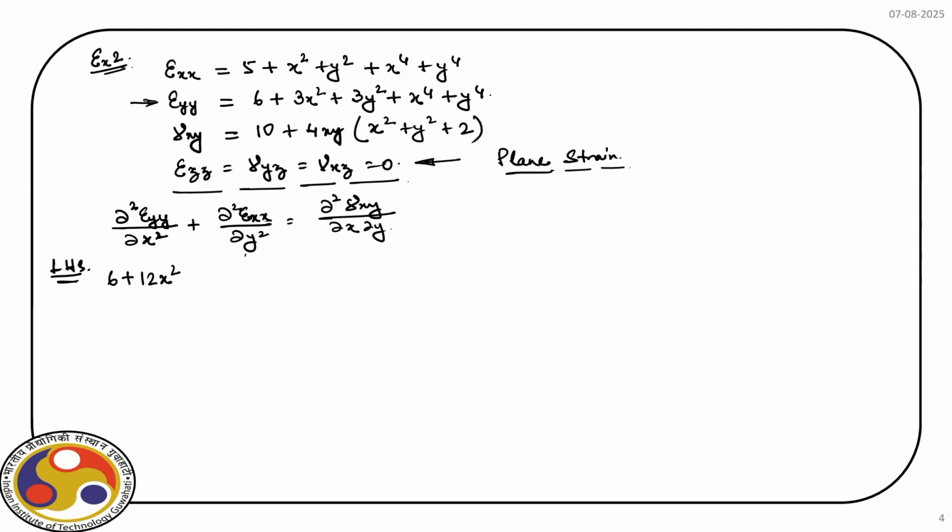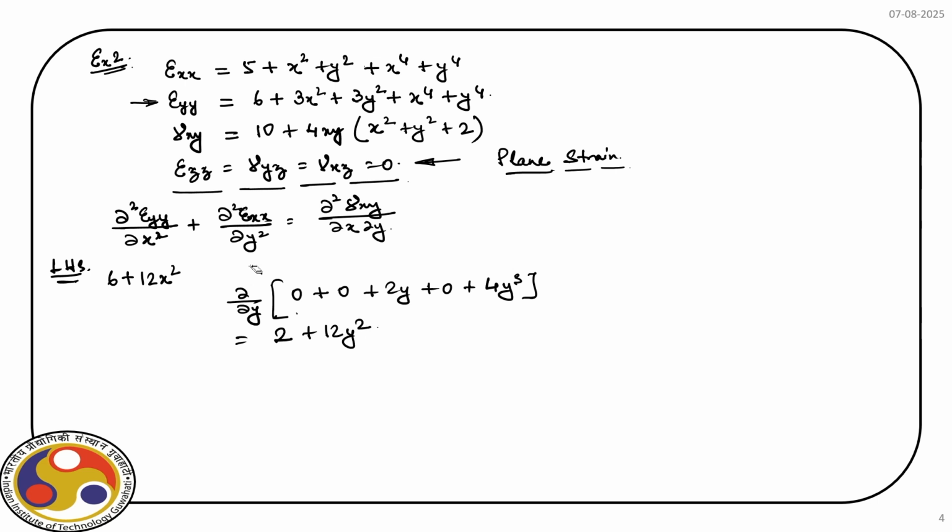Let us check the second term here. So, we have epsilon xx this time differentiated twice with respect to y. So, let us try. So, what we have is 2 plus 12 y square, right.